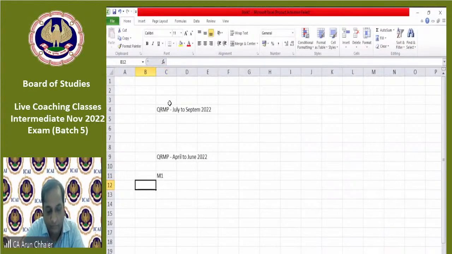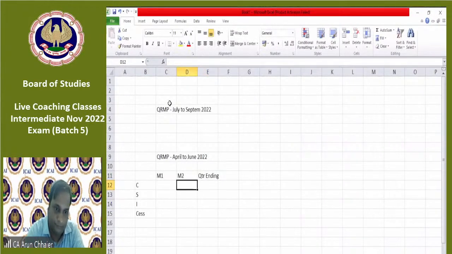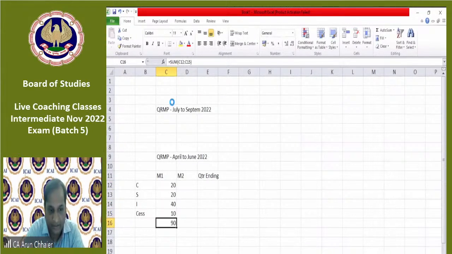For month 1, for month 2, for quarter ending, in the month, let's say 20, 20, 40, and 10 rupees, I have paid this much of the liability. An equal amount I have paid in the second month.